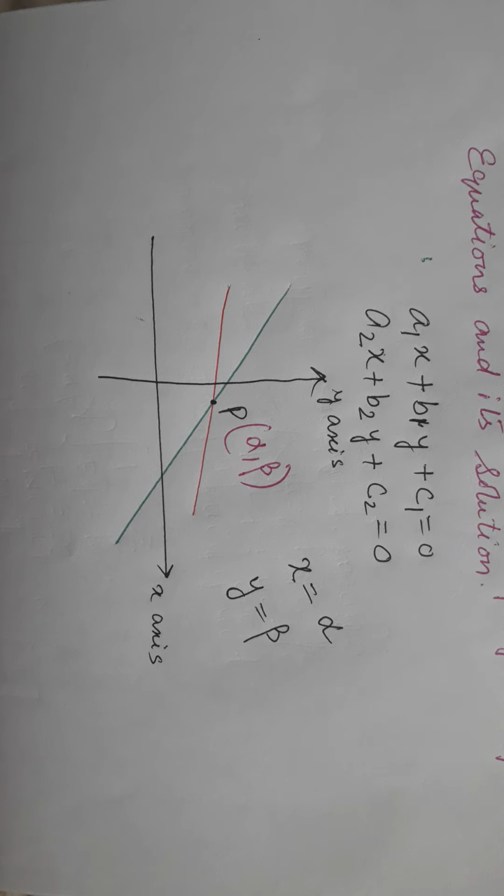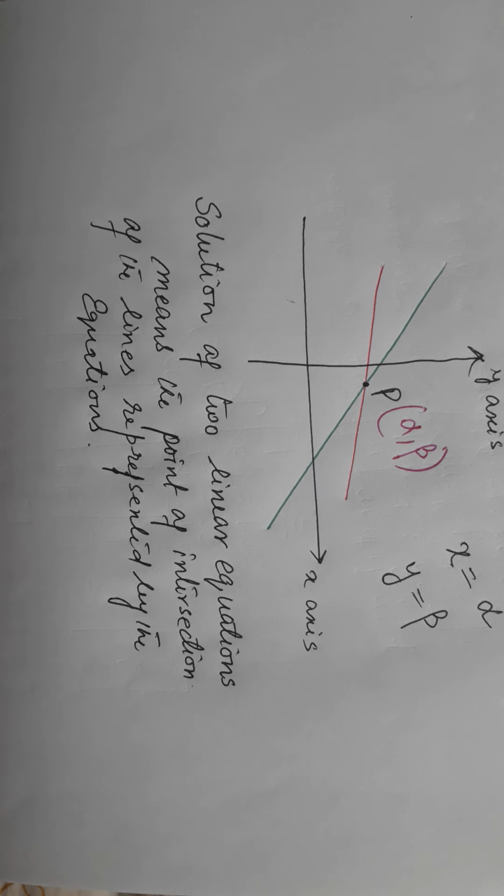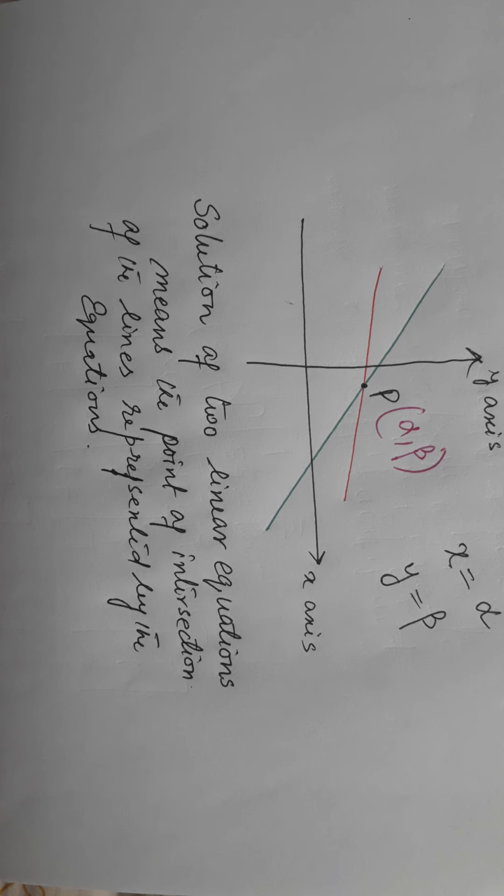Hence, they don't have any solutions. So for linear equations, they have to be non-parallel and on the same plane, only then will they have a unique solution. Therefore, the solution of two linear equations means the point of intersection of the lines represented by the equations.